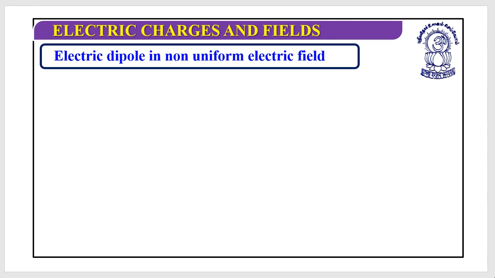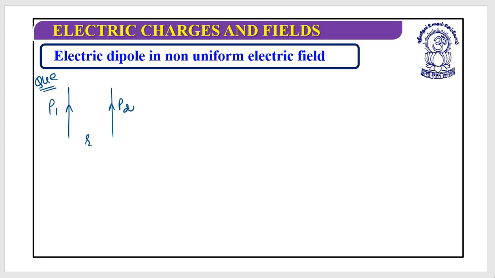Now let's move to one more question. Do it very carefully and try to understand this. Let's say this is first dipole P1. Let's say this is another dipole, this is P2.